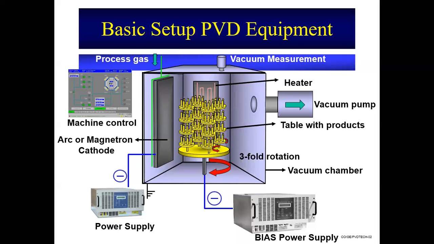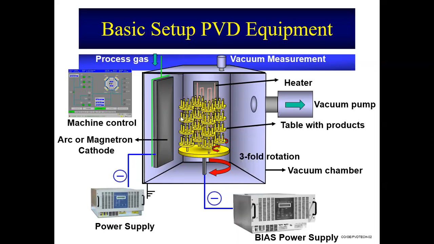Basically, we attach the target to the arc or magnetron system here, and we put a power supply and bias it to be negative bias.